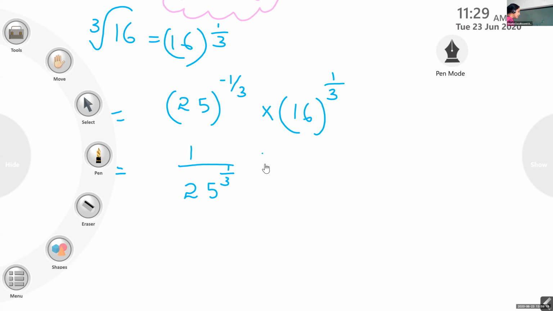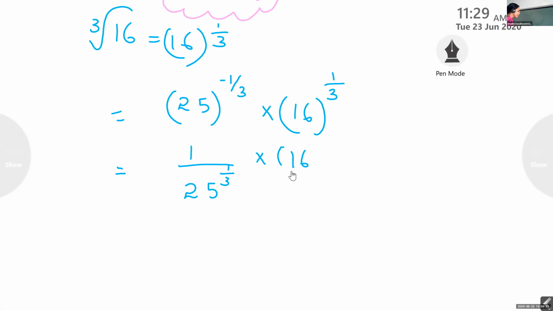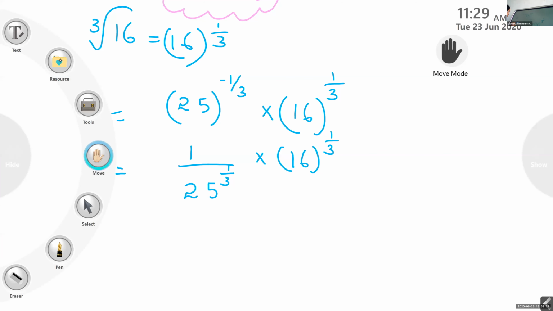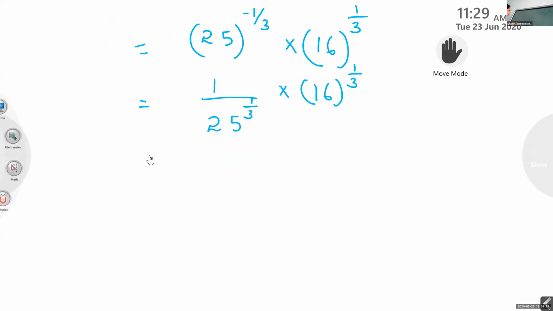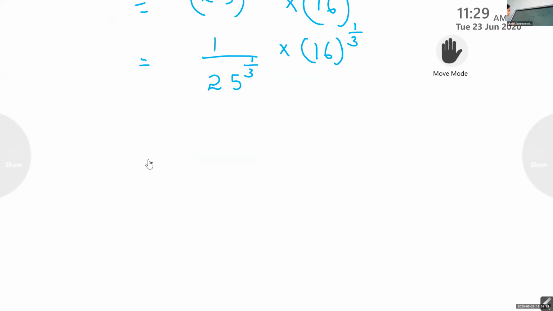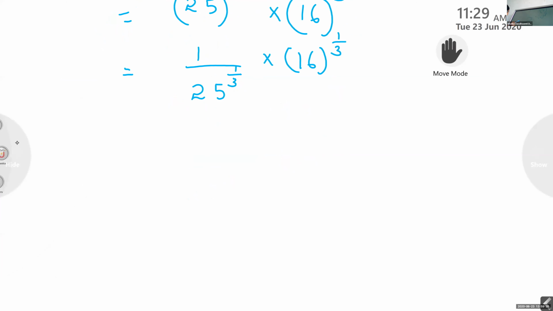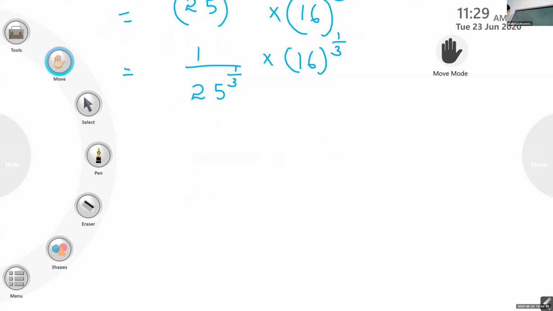But here 16 is there. 16 raised to 1 by 3 is there. Now in a single step, how can you write it? This is our question.